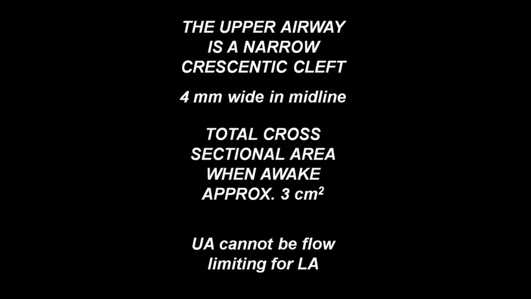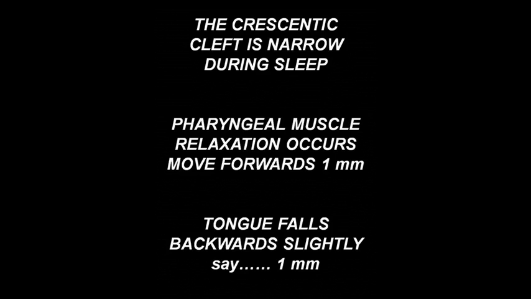Now consider the situation during sleep when the patient is in the supine position. Pharyngeal muscle relaxation will allow the pharyngeal mucosa to move forwards about, for example, this is purely a guess, let's say it moves about 1 millimeter, and similarly, relaxation of the tongue muscles allows the tongue to fall backwards slightly, let's say about 1 millimeter.